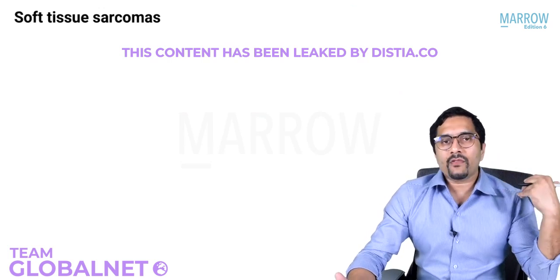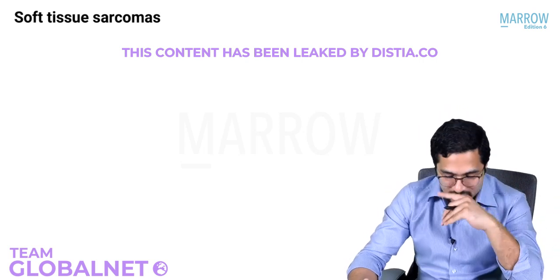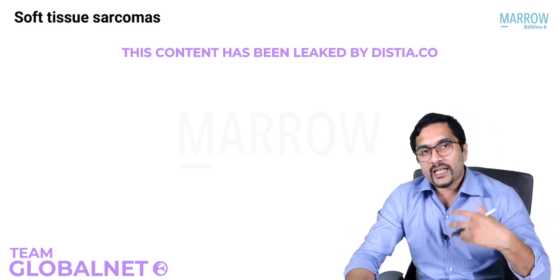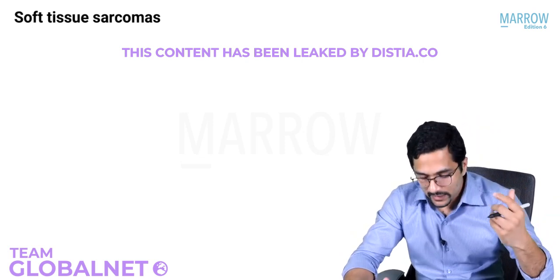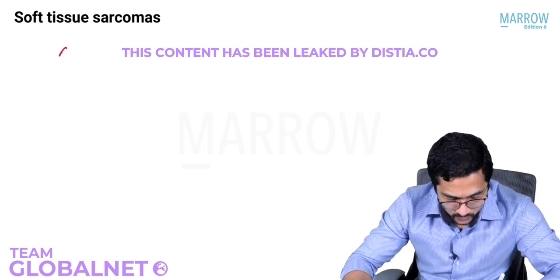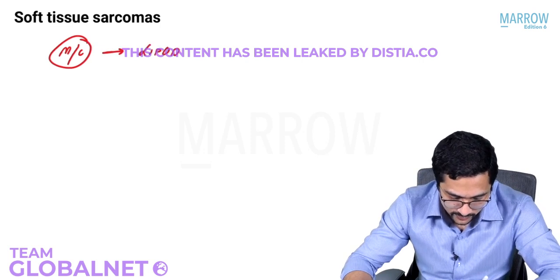Now the second half of this module is regarding soft tissue sarcomas. Now soft tissue sarcomas, I want you to know certain most commons before I tell you about the risk factors and how do we manage these patients. So soft tissue sarcomas, you should know that the most common soft tissue sarcoma is a liposarcoma.